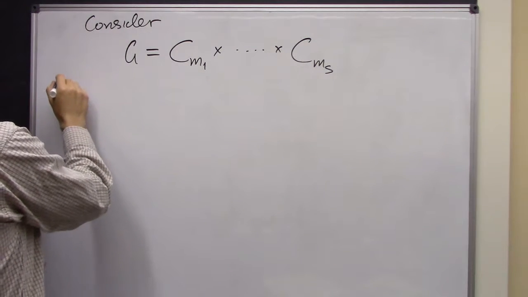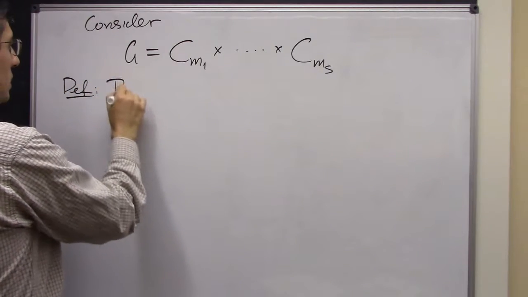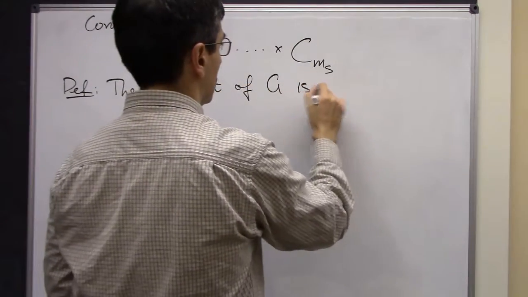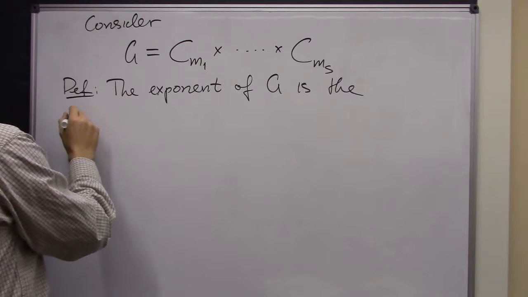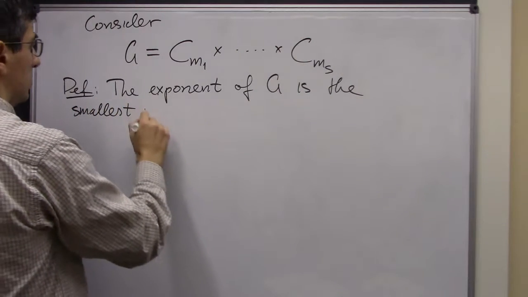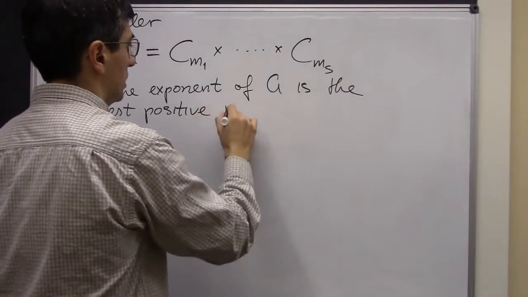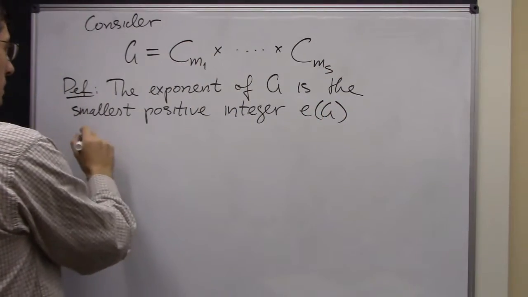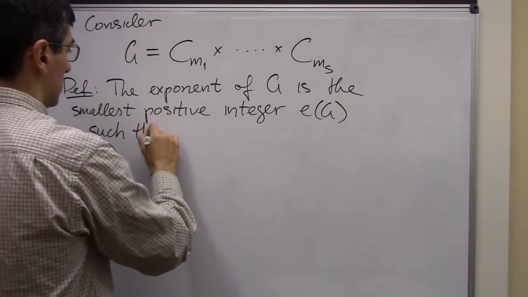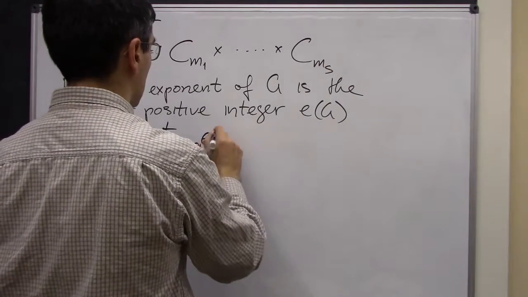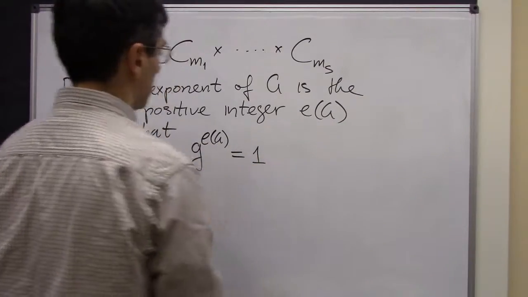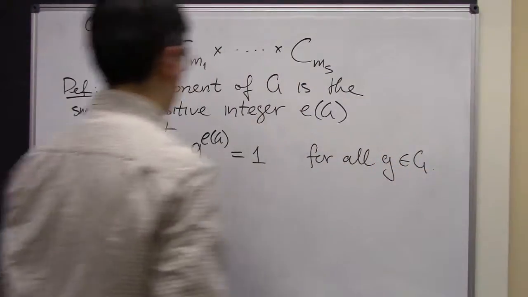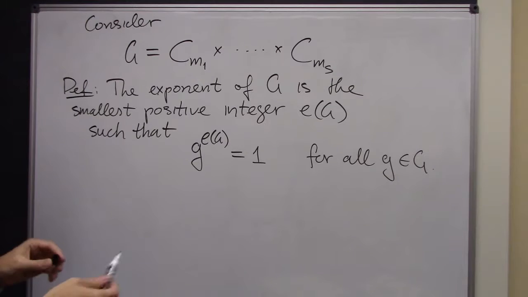well, first let me give a definition. The exponent of G is the smallest positive integer e such that g^e is equal to 1 for all g in G. Okay, so the exponent of the group is the number that kills every element in the group.